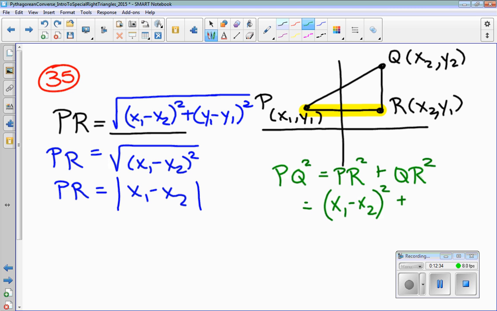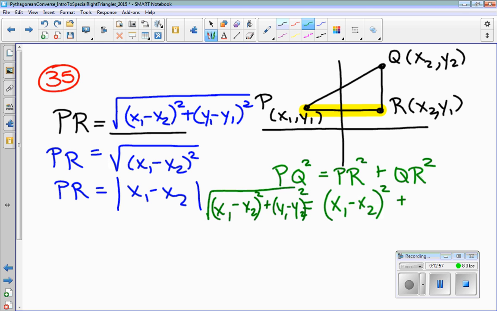And then we'd have to plug in PQ. Well, we'd substitute that information in as well by plugging in the length here. So we're going to say x1 minus, and it's the square root of all this, x2, just subtracting the x's, and then we'll subtract the y's.